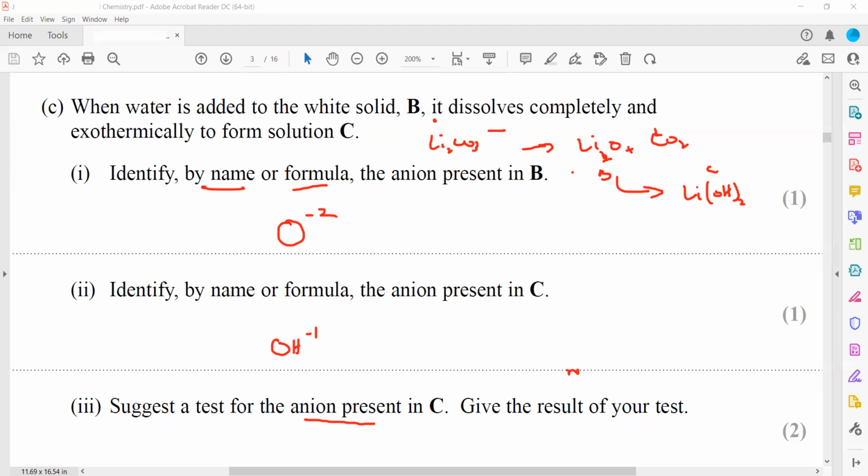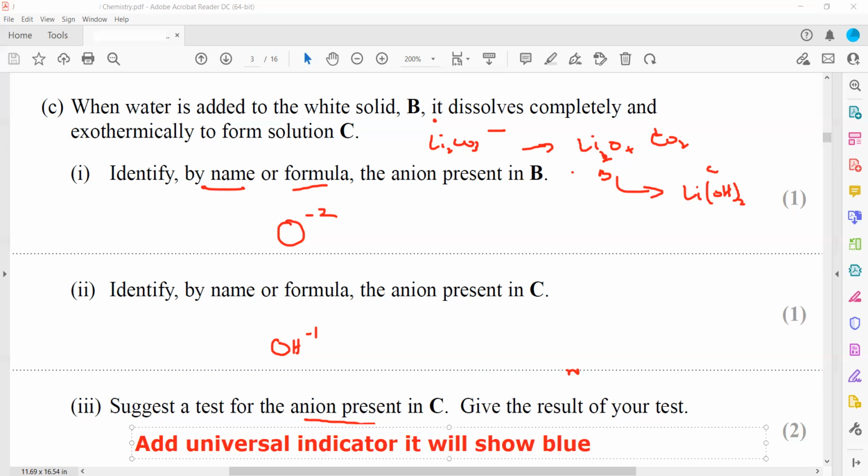It will show a color like blue or purple, because it's a strong alkaline solution, or the pH will be around 11 or 12.